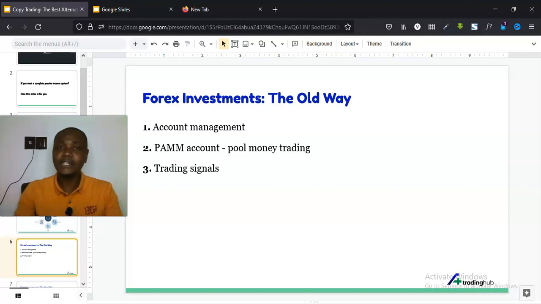At least this one is a bit transparent, but you don't have total control of the risks. You cannot set the risk parameters and say, okay, this is what I want to lose if things actually go bad. So that is account management.